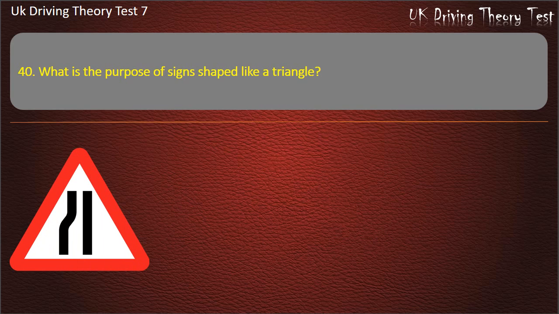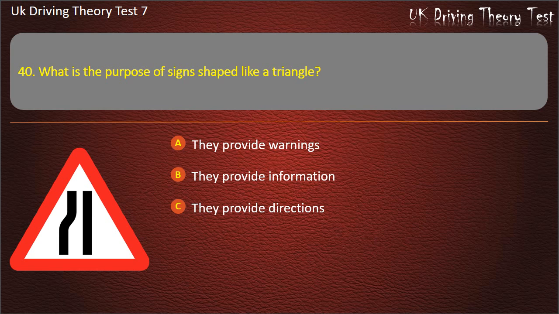Question 40. What is the purpose of signs shaped like a triangle? They provide warnings. They provide information. They provide directions. They provide orders. Answer. They provide warnings.